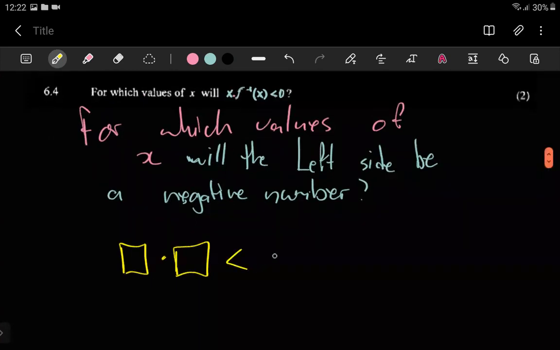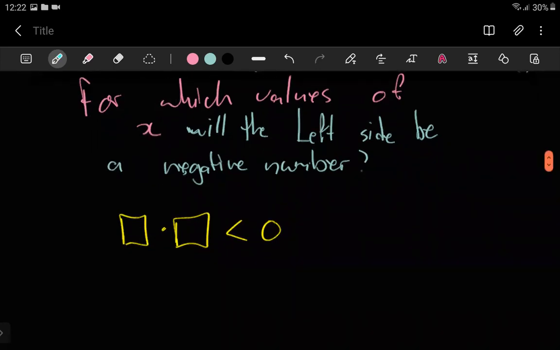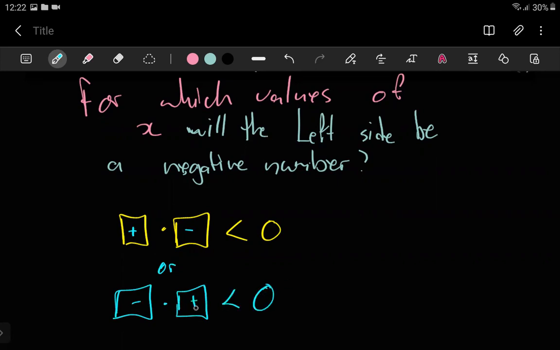So to make our life easy, we just have to remember that for the left side to be negative, you need to have this as plus while this is negative, or you need to have this as minus while this one is plus. That's the only way the left side is going to be negative. Does that make sense?